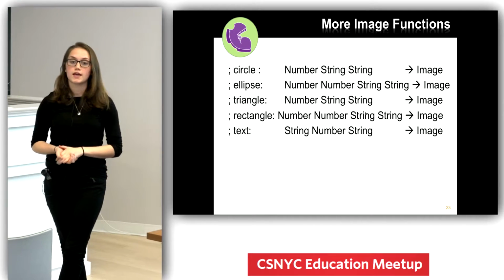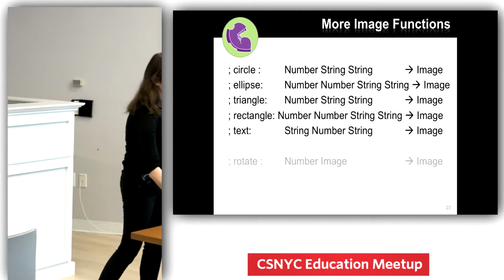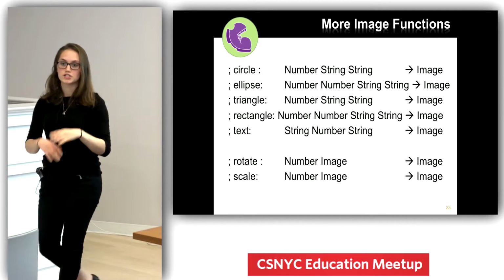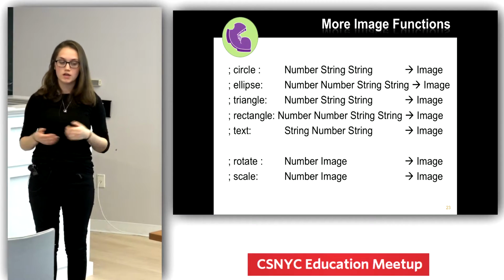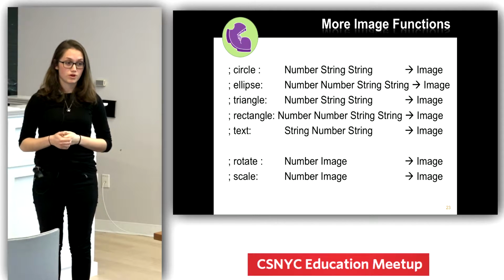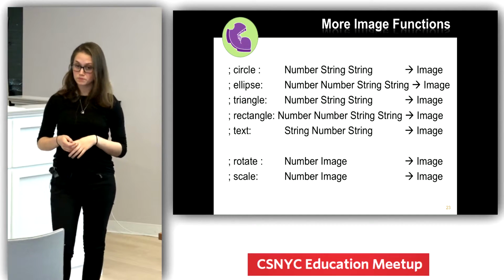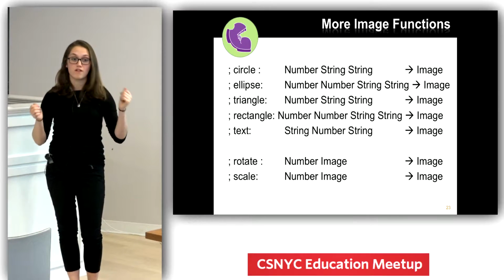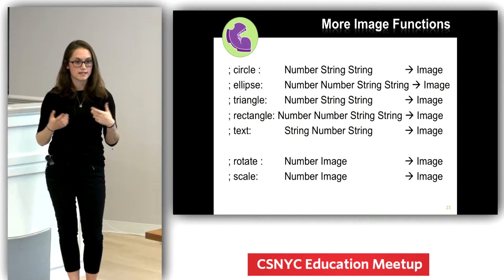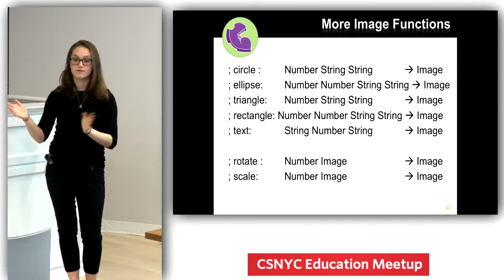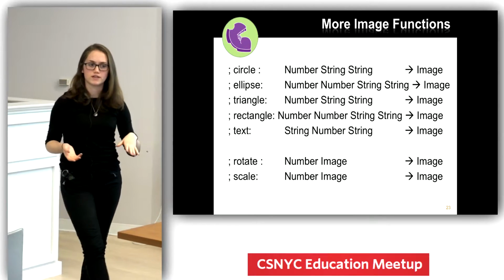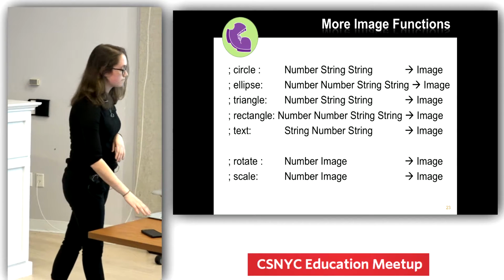Students can use all of these functions, along with a couple of extra image manipulation functions, to build the flag of their home country. We have a lot of really amazing work from classrooms all over the city where students have done this and tried to make each one more efficient than the last, using shortcuts and things like that. So it becomes a project in and of itself, totally separate from the video game. We could talk more about that after if you'd like to see some examples.